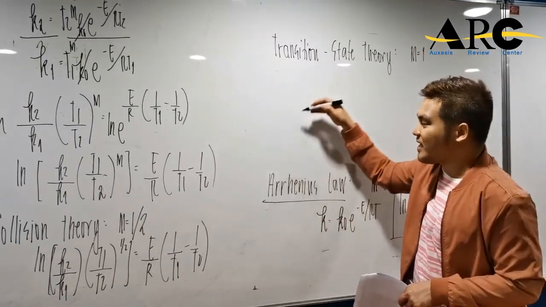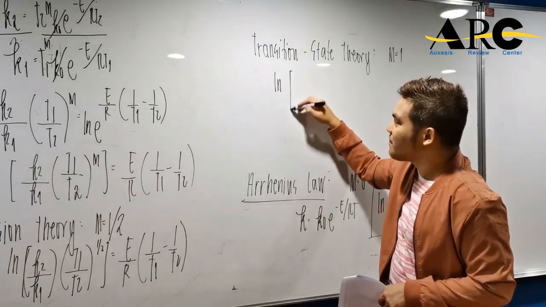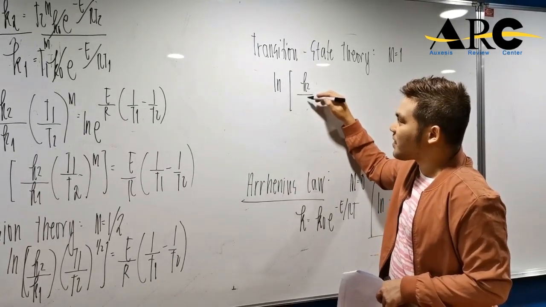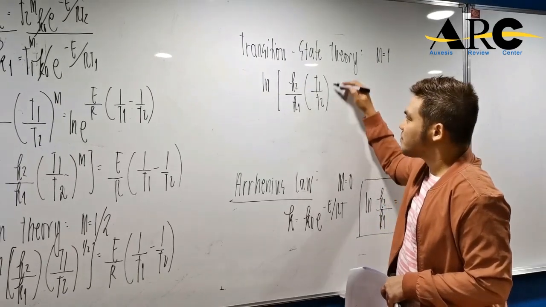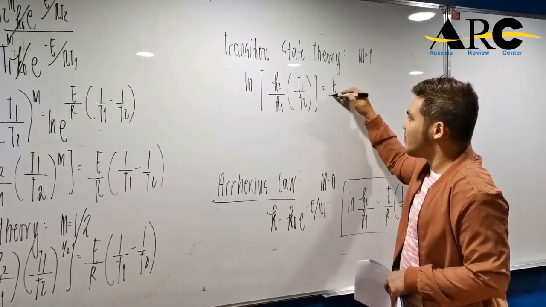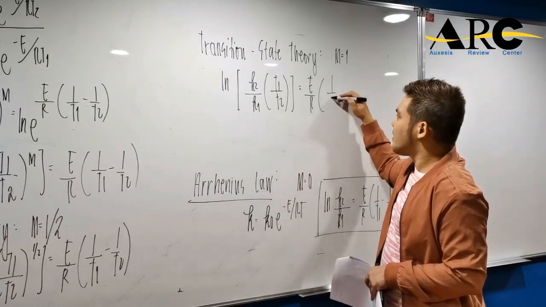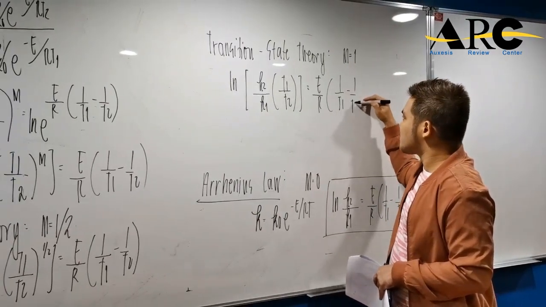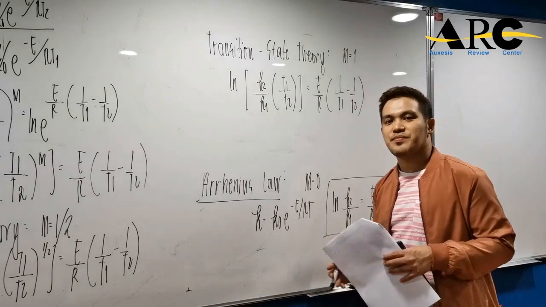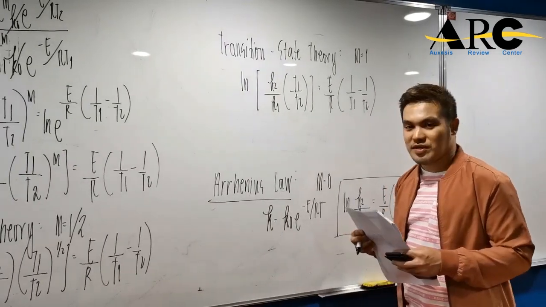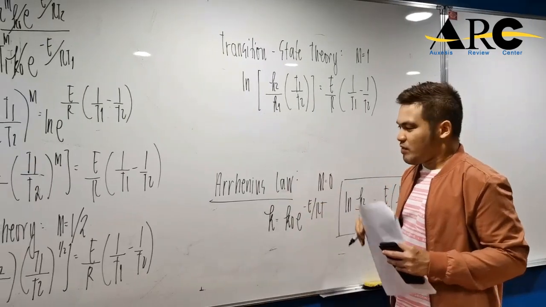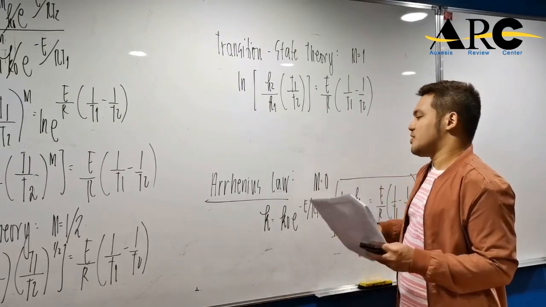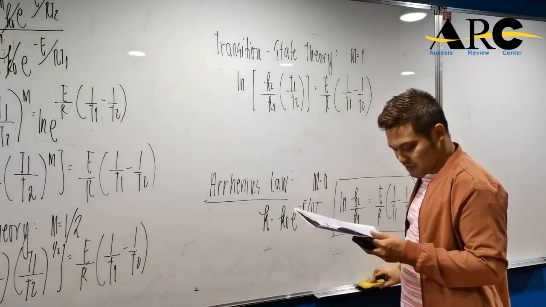So, substitute lang natin dito. So, ln K2 over K1 times T1 over T2, which is equal to E over R times 1 over T1 minus 1 over T2. So, ayan lang yung tatlong equation na gagamitin natin. So, again, kapag hindi sinabi, automatic Arrhenius law.